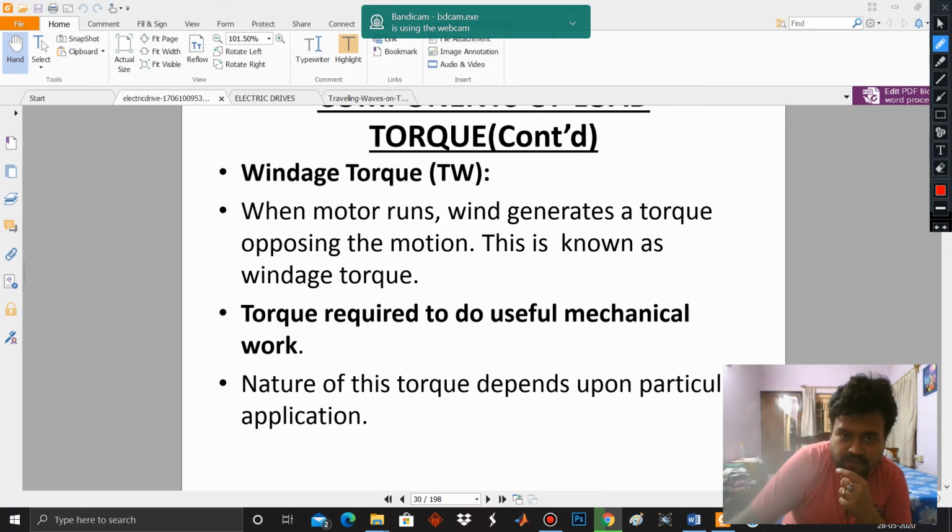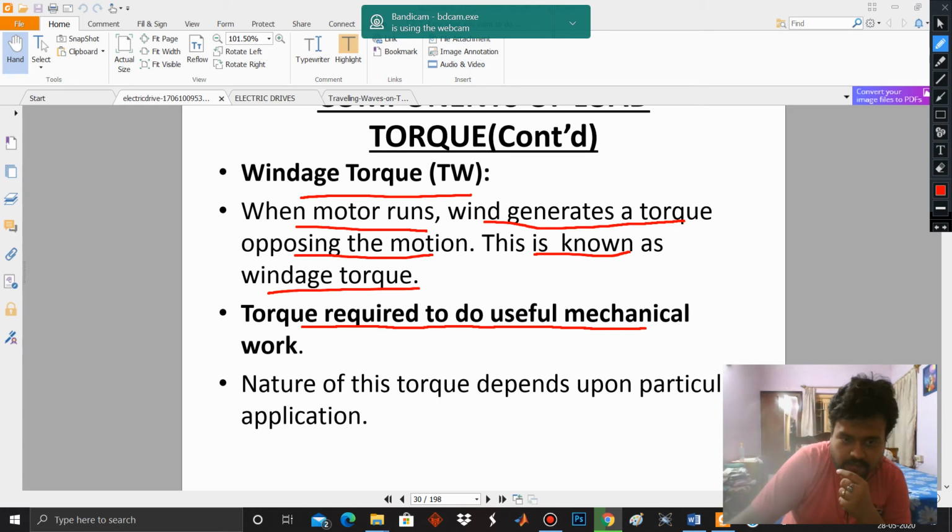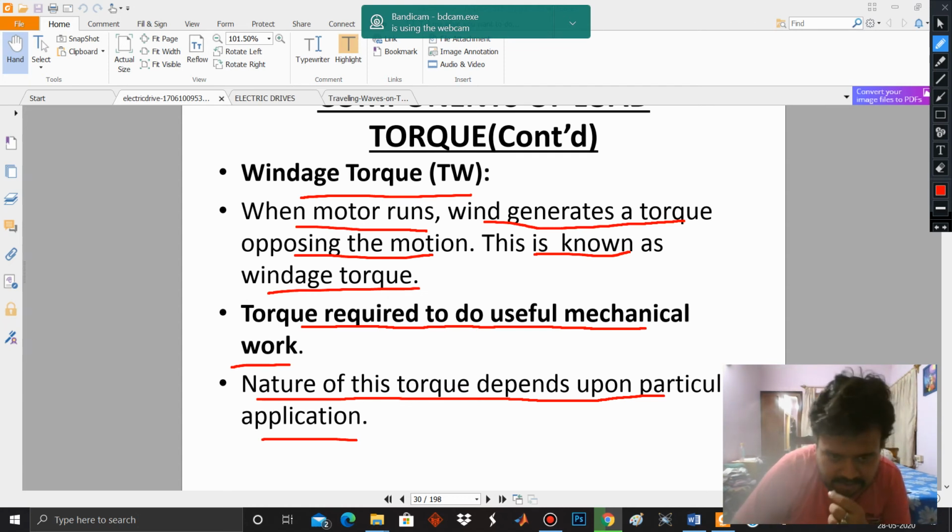Another type is the windage torque. So when the motor runs, wind generates a torque opposing the motion, that is known as windage torque. Then there is the torque required to do the useful mechanical work. Nature of the torque depends upon the particular application, so it is very much application dependent.